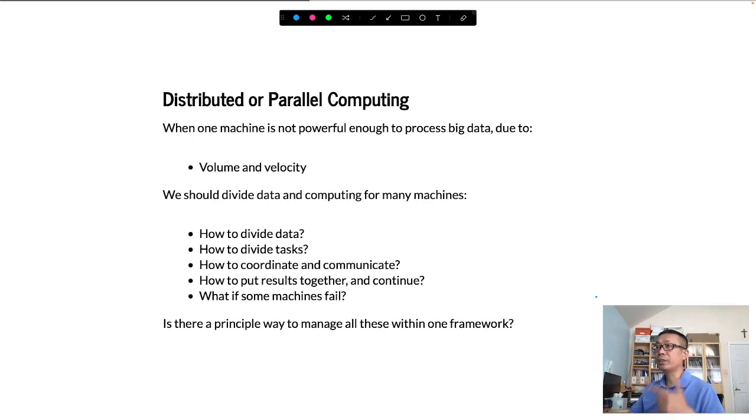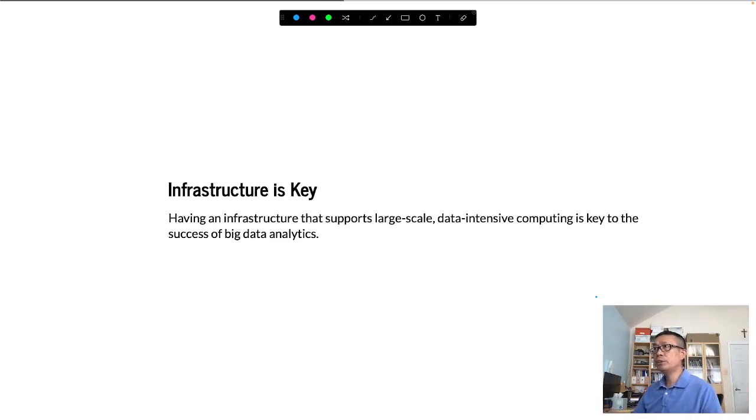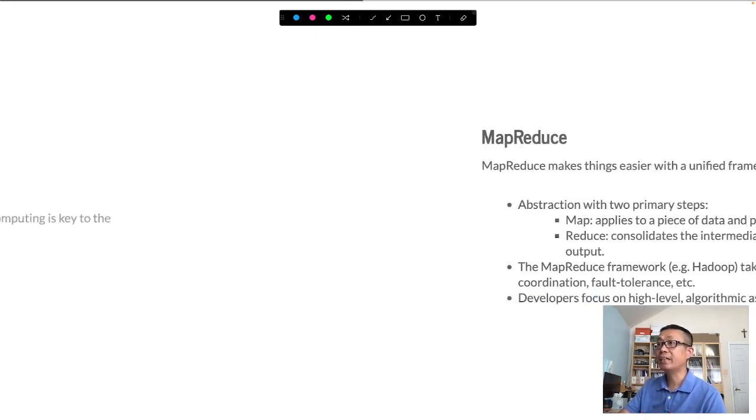The failures, the coordination, the communication. So if there's an infrastructure, it can help us deal with all these issues, where we can focus on high-level analytics and the outcome of the computing, then it can save us lots of time, right? So having the infrastructure is key for the success of big data analytics.